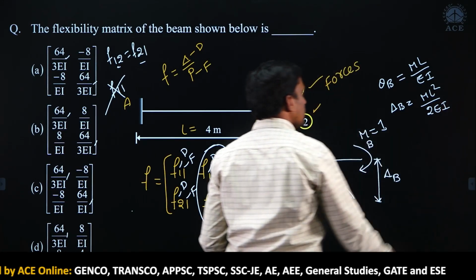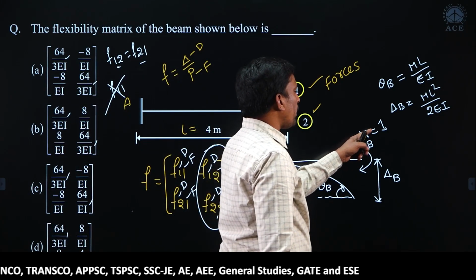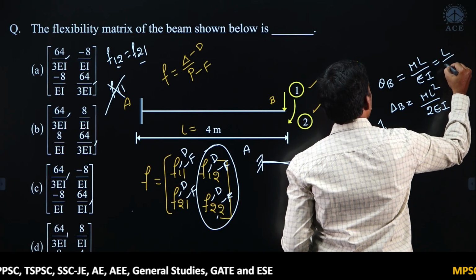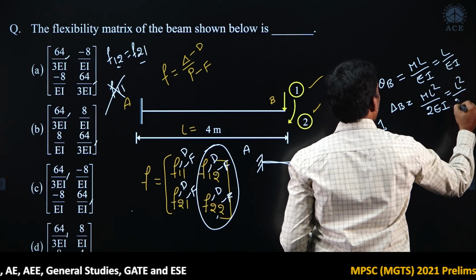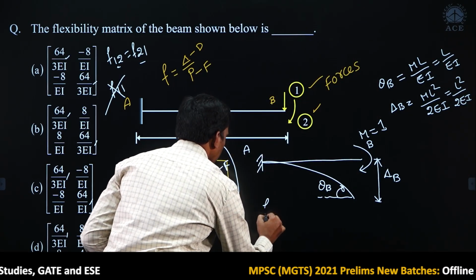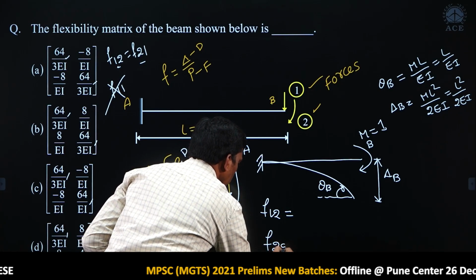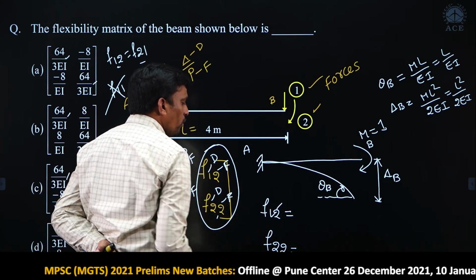But how much moment are you applying? Unit moment, then M equals 1, so slope is L by EI and deflection is L square by 2EI. Then F12, F22.